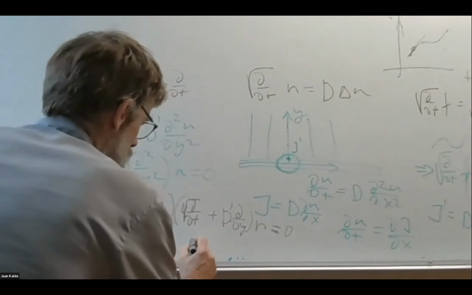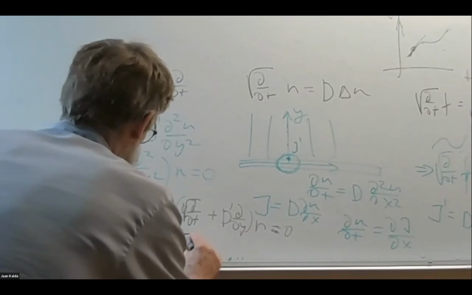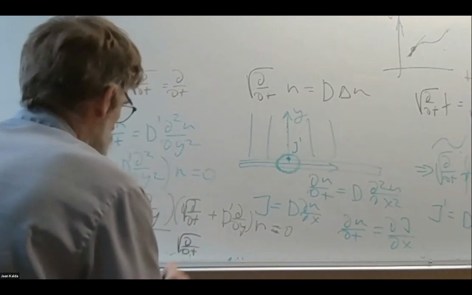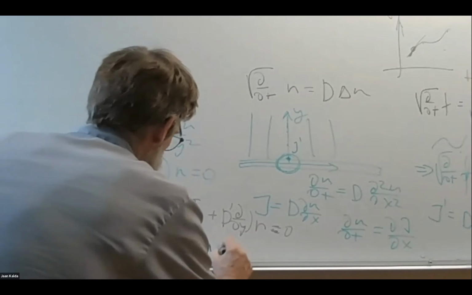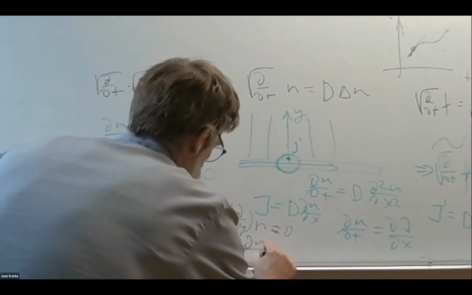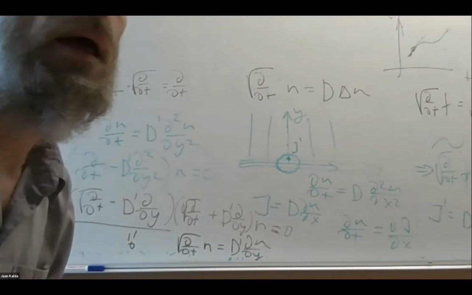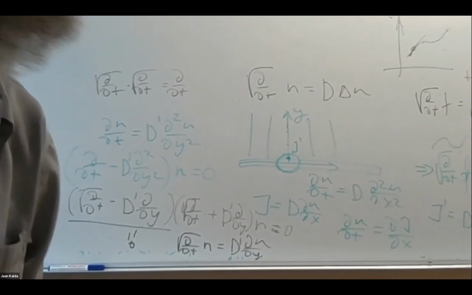So now the equation becomes square root of d over dt of n equals d prime dn over dy. Why was the bracket 0?